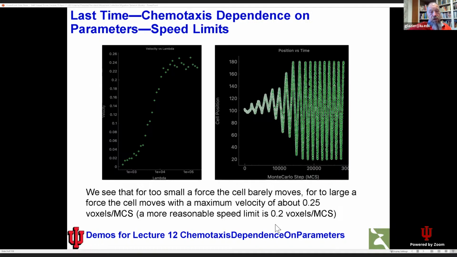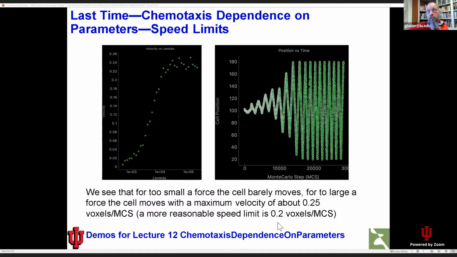So if you look at your simulation, you find the objects that are moving the fastest and ask the question, how do I set a Monte Carlo step so they don't move more than about 1/5 of a voxel per Monte Carlo step?